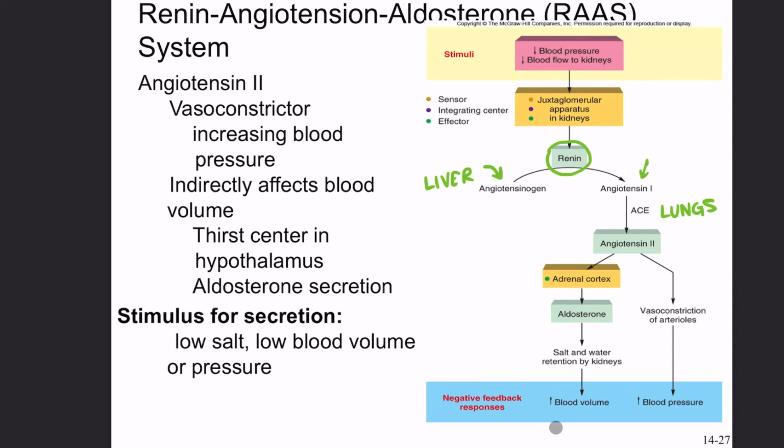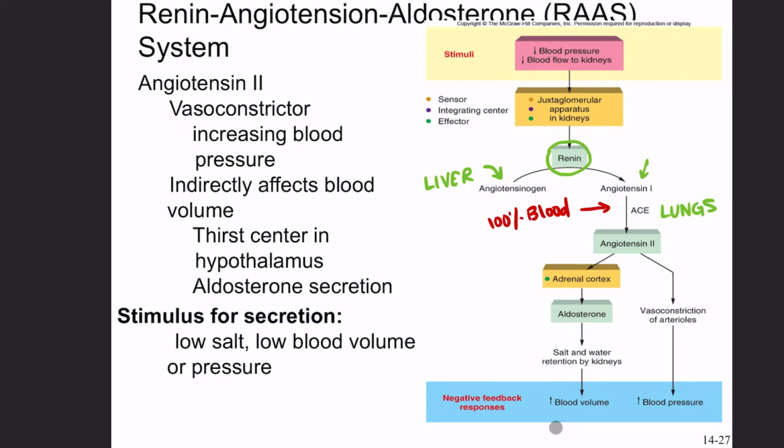ACE stands for angiotensin converting enzyme. It lives in our lungs, and that's because all of our blood flows to our lungs. 100% of our blood has to go get oxygenated in the lungs, and that's why the ACE enzyme lives there.